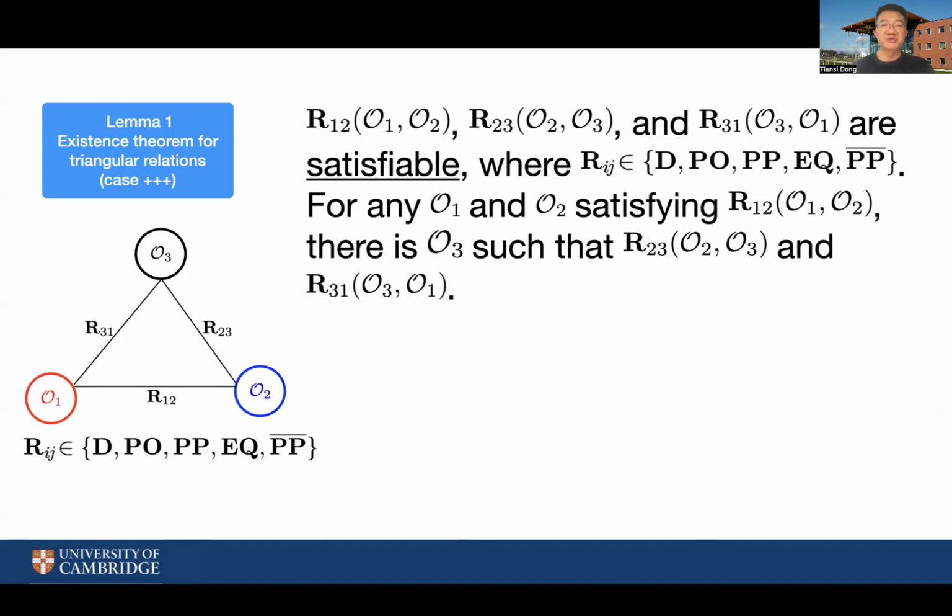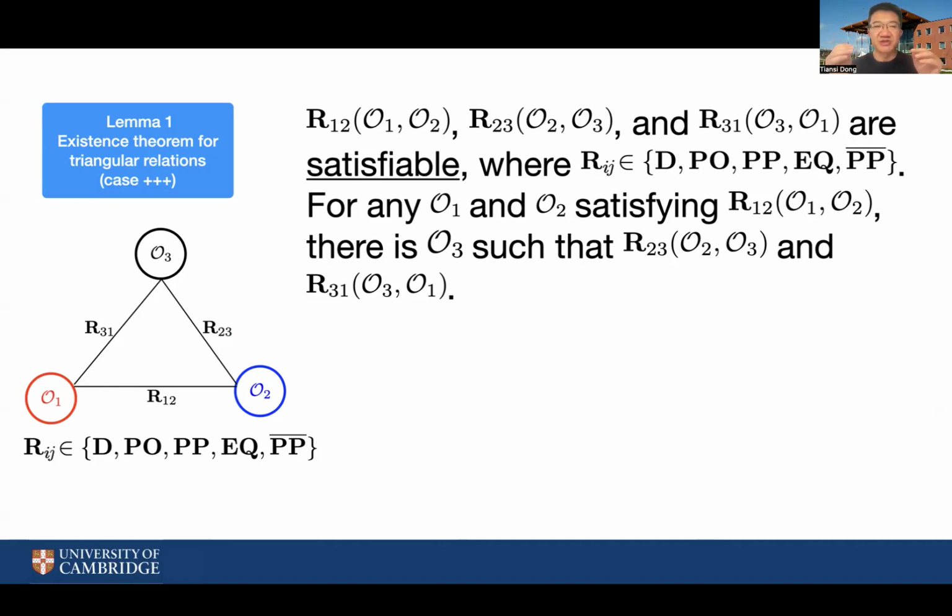What we want to show is that this configuration is satisfiable, meaning there exist three spheres in the space that satisfy the three relations. But what our control process does is create them in a sequence.